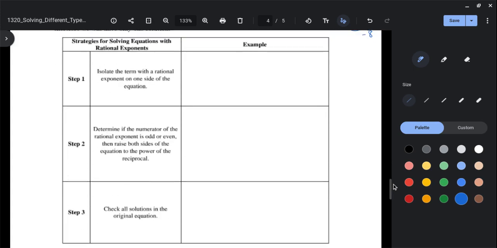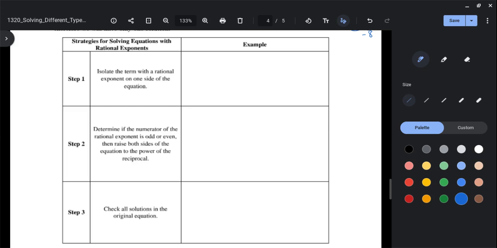Okay, let's look at the steps for solving rational equations with rational exponents. In this case, we only have 3 steps. All the others we've had 4. Step 1, we're going to isolate the term with a rational exponent to one side of our equation, very similar to what we did with our radical equations.